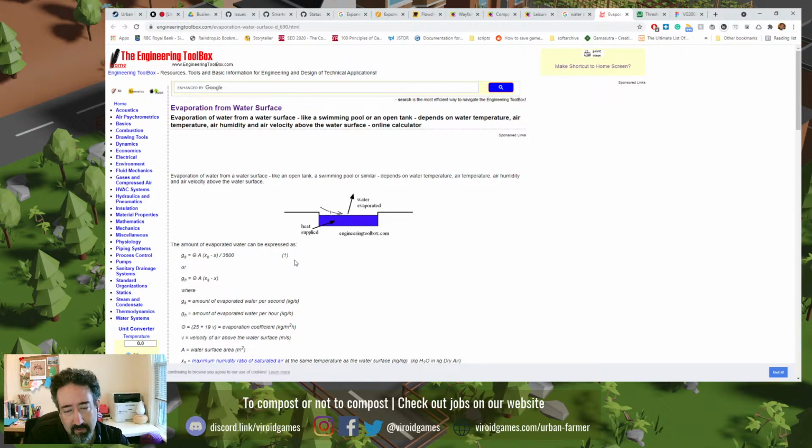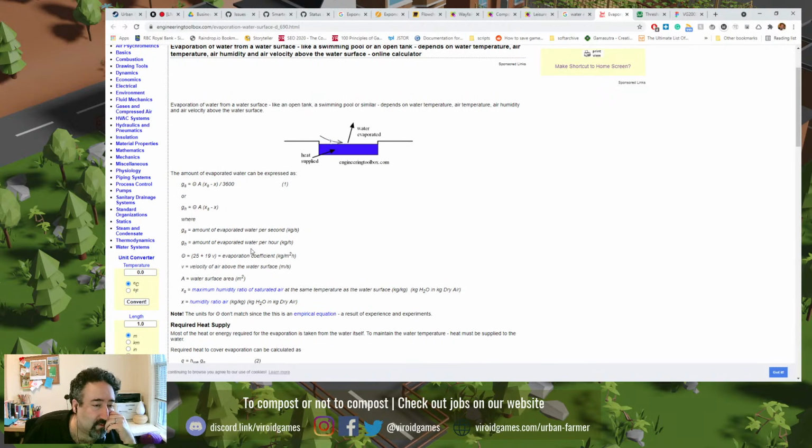Water temperature. Okay, we are doing the temperature soon. We could easily change our stuff to evaporation coefficient. Interesting.